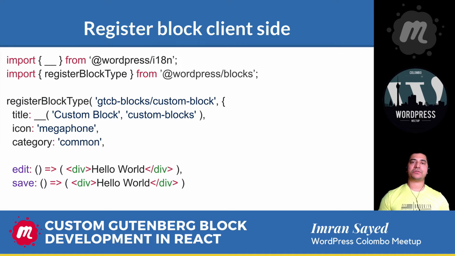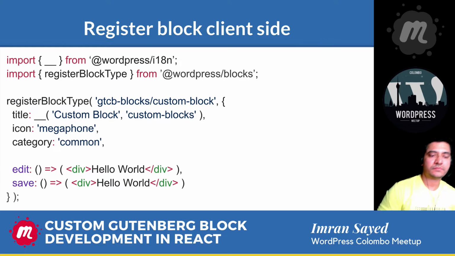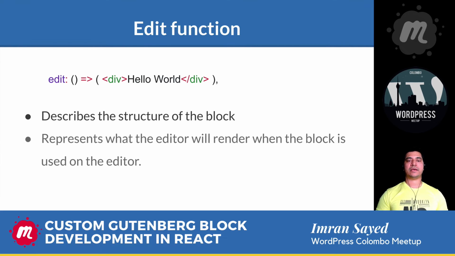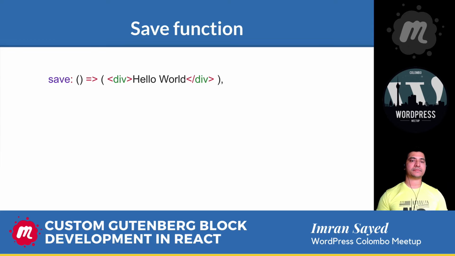So edit needs to return the content. Whatever content it's going to return, it's going to show that in the editor, and whatever save is going to return is going to be saved into the database. Okay, so this describes the structure of the block, represents what editor will render when the block is used on the editor.